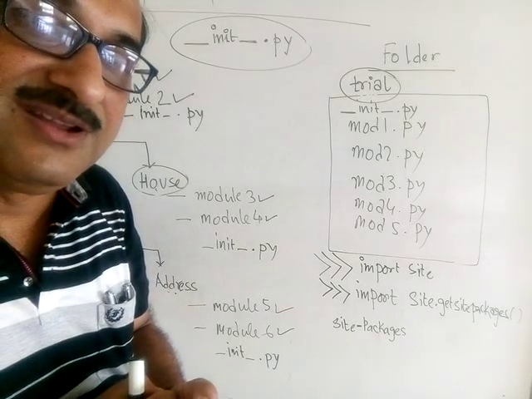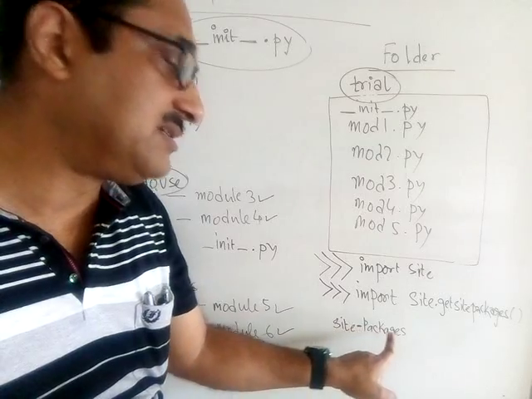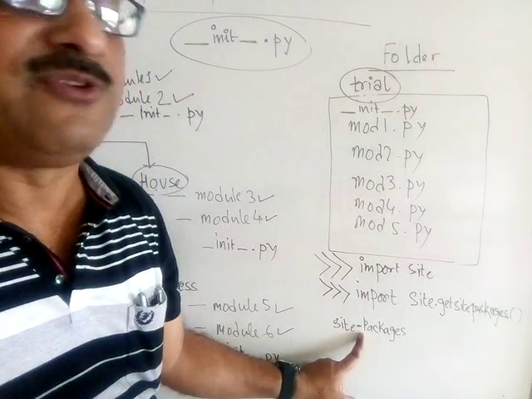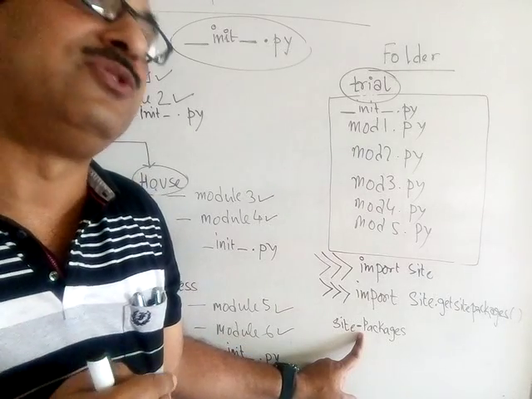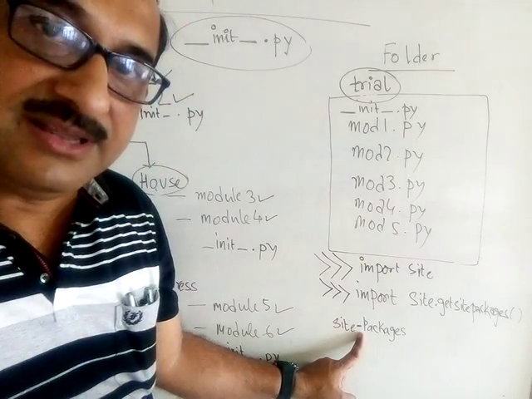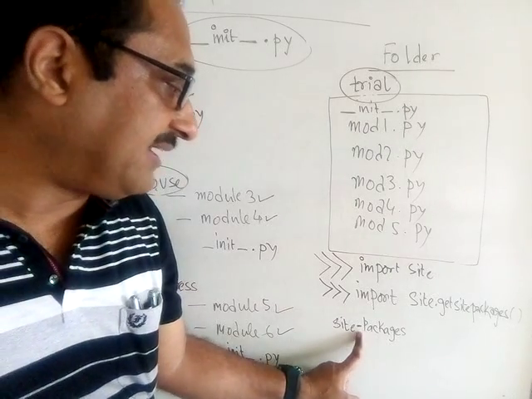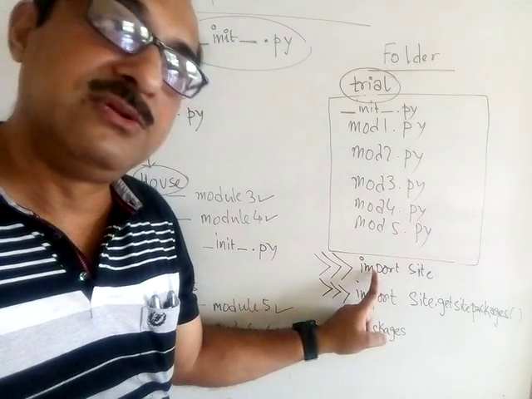Where does it have to be copied? It has to be copied under the folder called site-packages. This particular folder you have to locate on your own computer. I know some of you are using Python at home. It will not be the same location for everybody. So you just have to find out the location of this folder using these two commands.